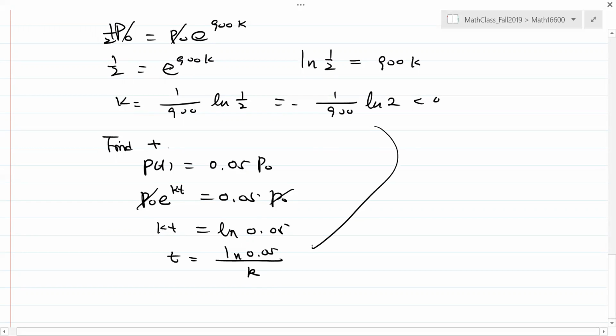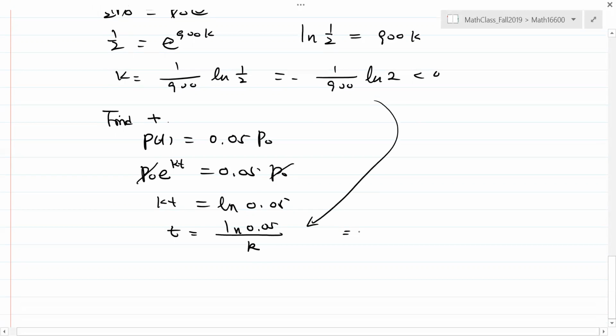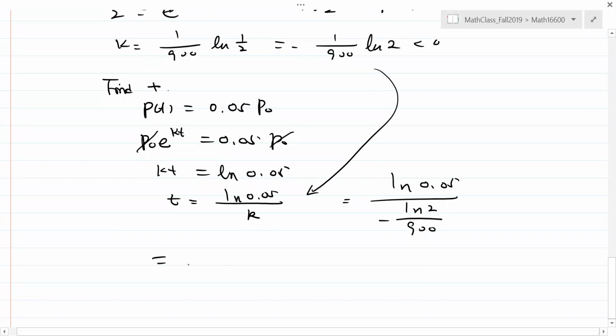It's going to be natural log 0.05 over natural log of 1/2 over 900, negative sign. Then you turn upside down. You get natural log of 0.05 times 900 over natural log of 2, and there is a negative sign here.